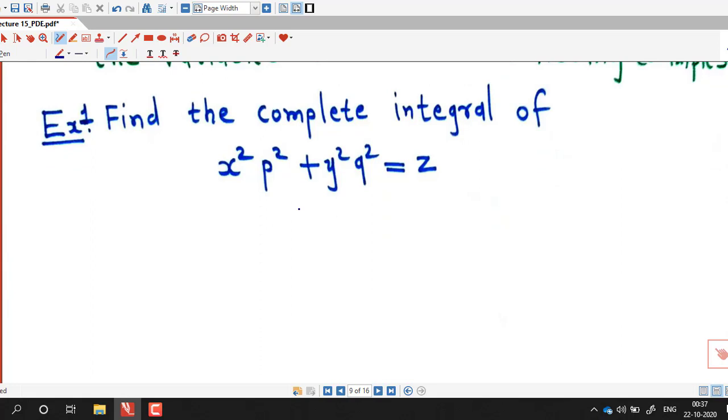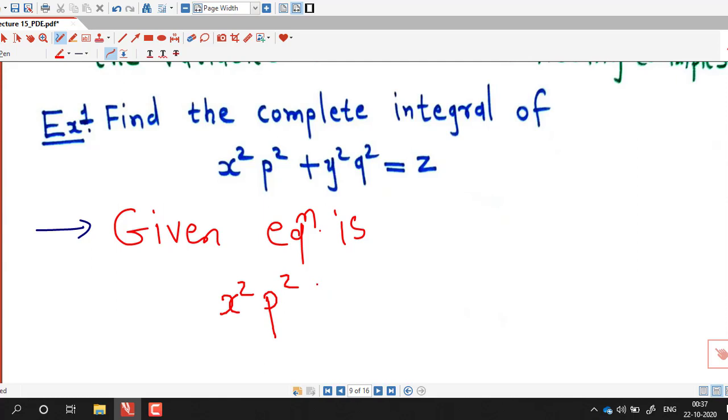Find the complete integral of x square p square plus y square q square equal to z. So we start with this given equation. Given equation is x square into p square plus y square into q square equal to z.